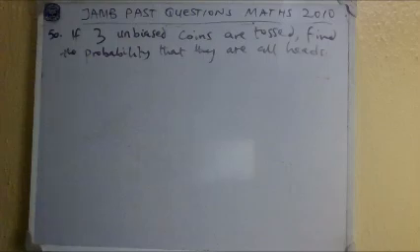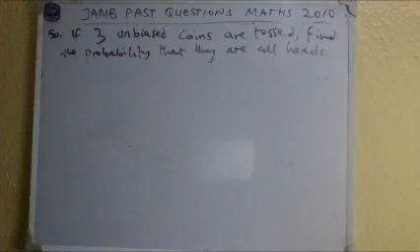So one side is head, the other side is head. Anyhow you toss it, you will see head. So unbiased coins means that there must be a head side and there must be a tail side. No matter what, there must be two opposite images on that coin. So if three unbiased coins are tossed, find the probability that they're all heads.